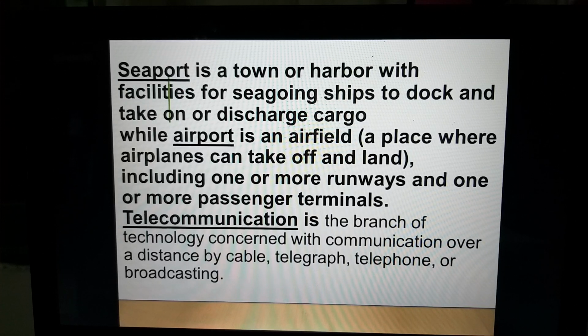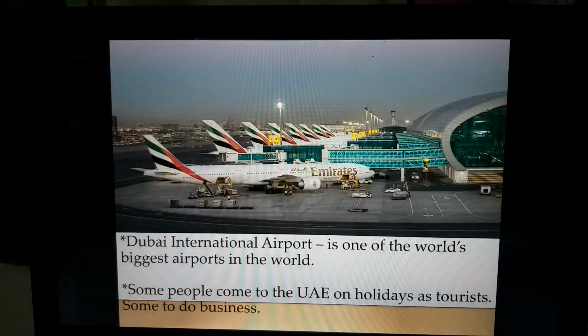Okay. Telecommunication is the branch of technology concerned with communication over a distance by cable, telegraph, telephone, or broadcastings. Understand? Very good.